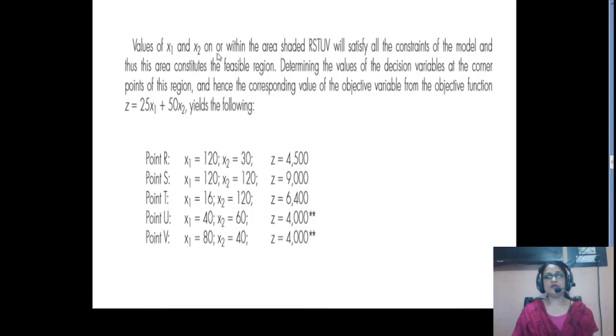Now, the values of x1 and x2 within the area shaded RSTUV will satisfy all the constraints of the model, right? Now, the next step is to put the coordinates of x1 and x2 in this objective function, right?